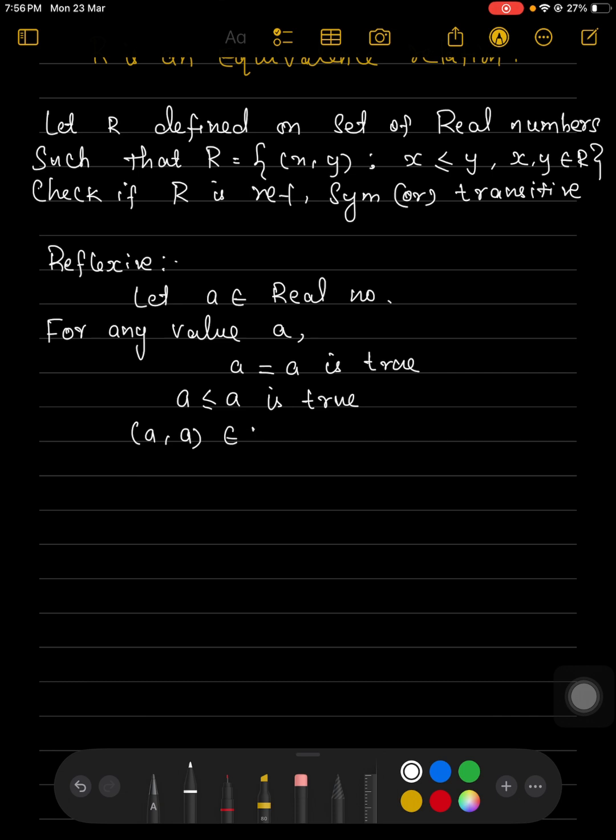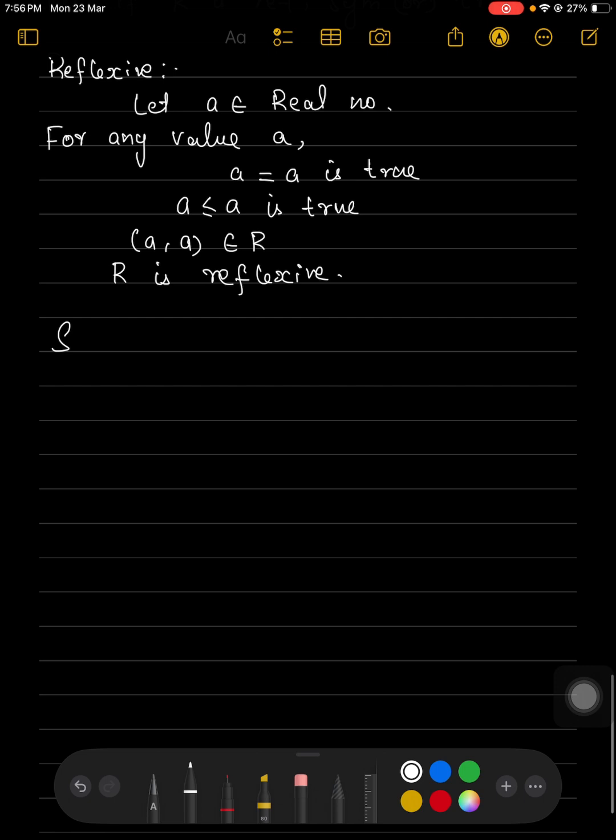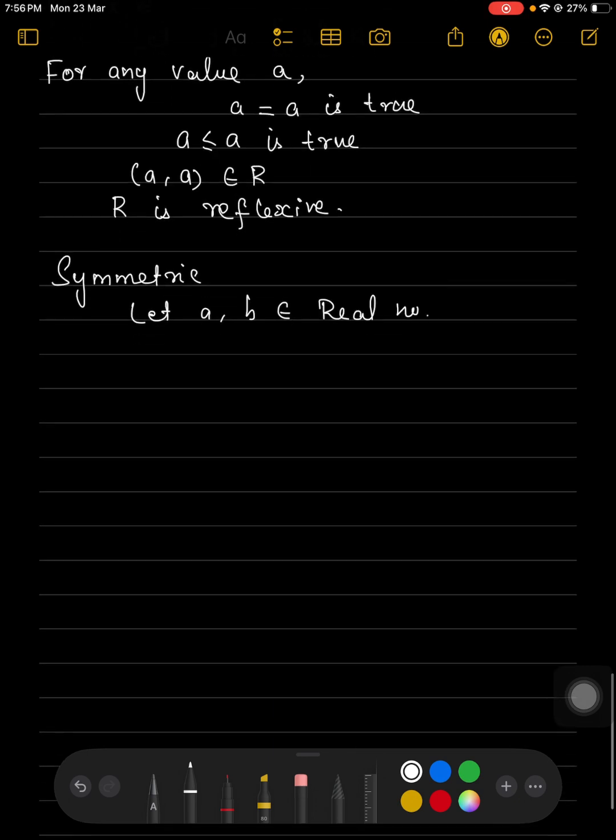Now, let's see for symmetric. Let A, B be two real numbers. I'm going to take two specific examples because the symmetric case is not necessarily true here. If A equal to 2, B equal to 7, you can take any example, I just took it for my convenience. Check if (A, B) is in relation: yes, 2 is less than or equal to 7.